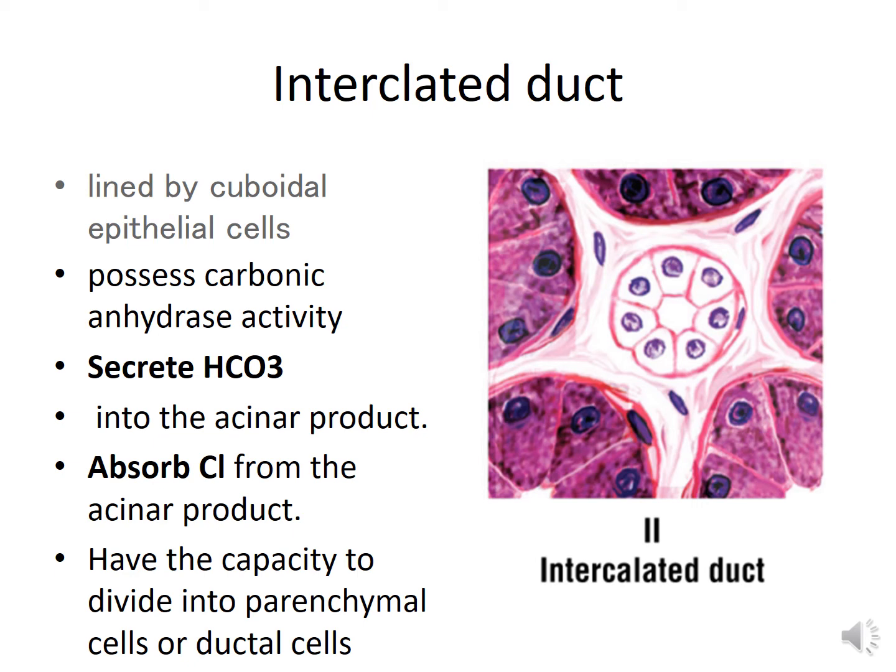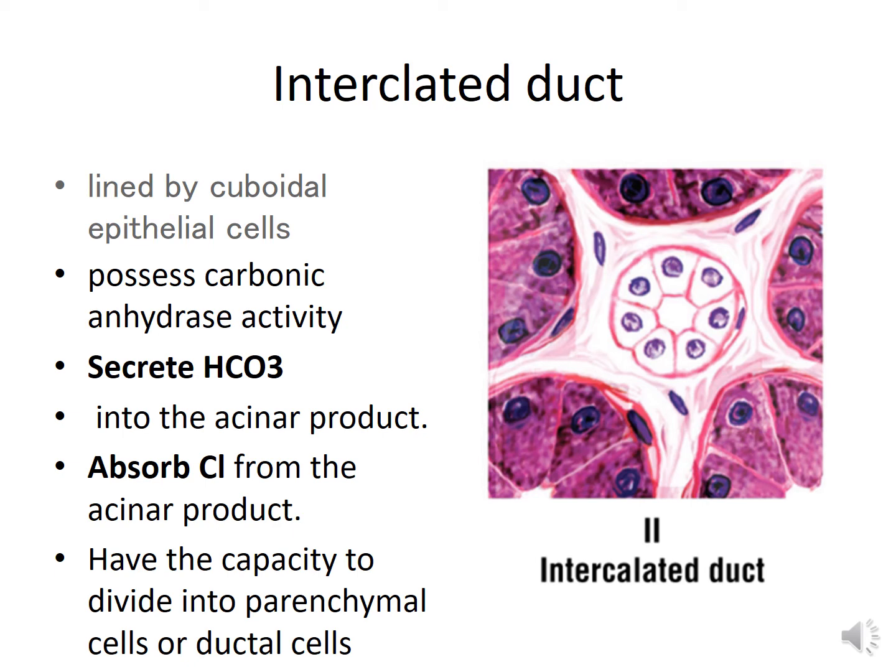Now these intralobular ducts in the salivary glands are very important ducts, because they not only convey the saliva towards the main excretory duct, but they also change the composition of the saliva by excreting and absorbing substances.